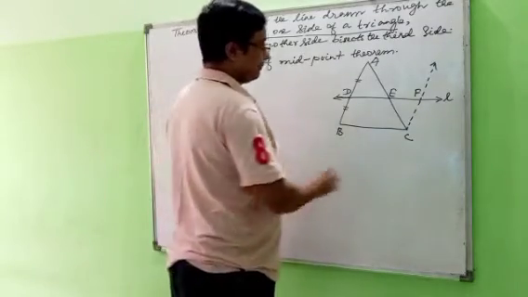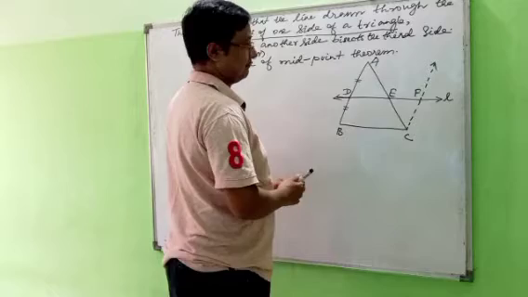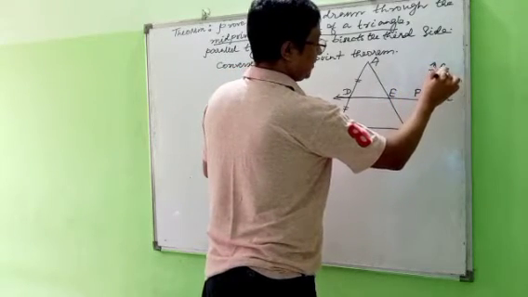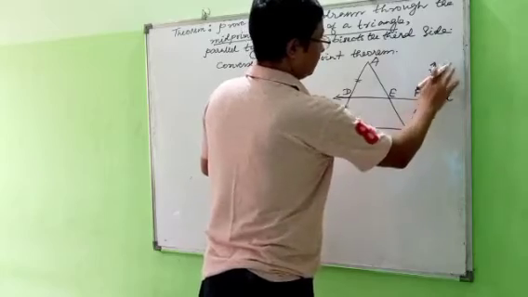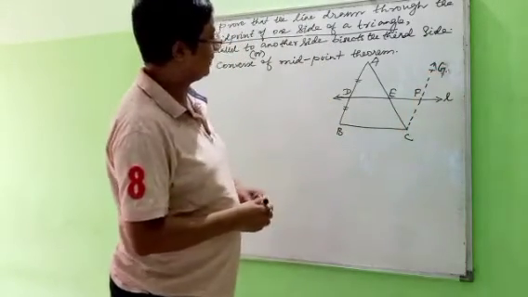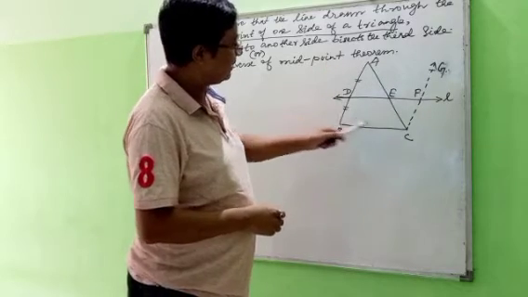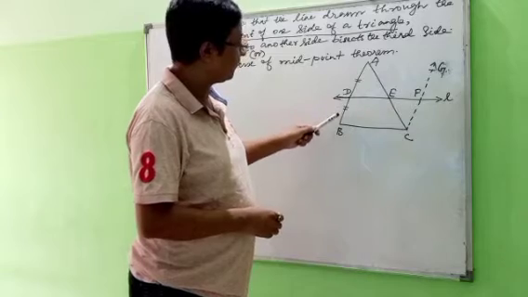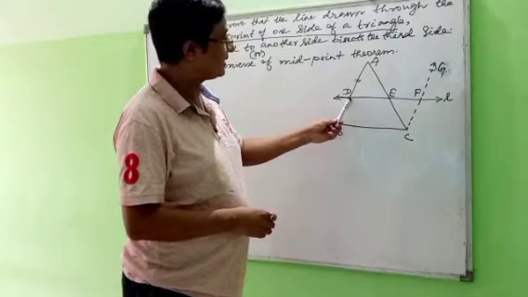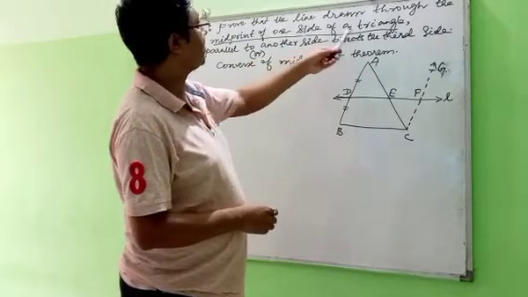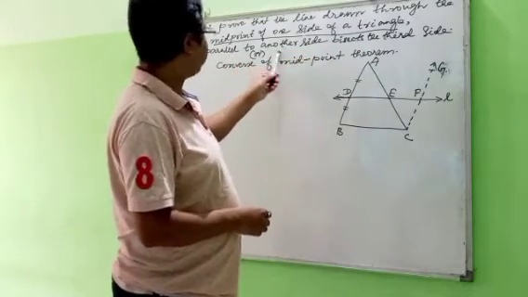Already it is given that in the triangle ABC, D is the midpoint of AB. Through this D, the line is drawn parallel to another side.